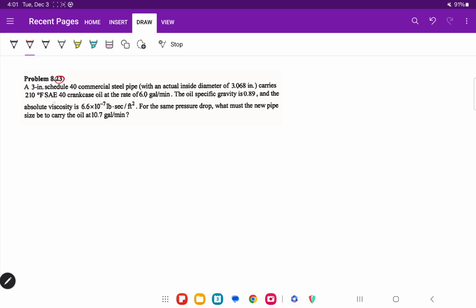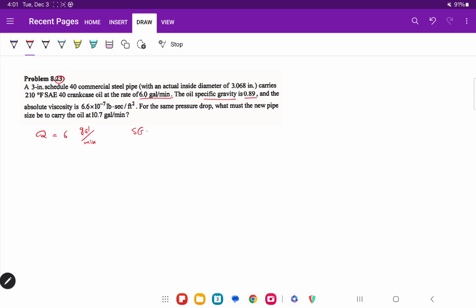It carries this oil, a specific oil, SAE 40 crankcase oil, at the rate of 6 gallons per minute. So we have the flow rate also. The oil specific gravity SG is 0.89.